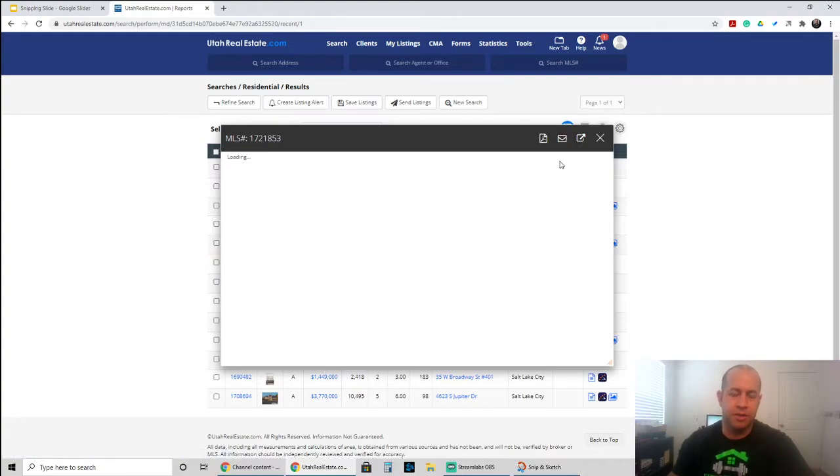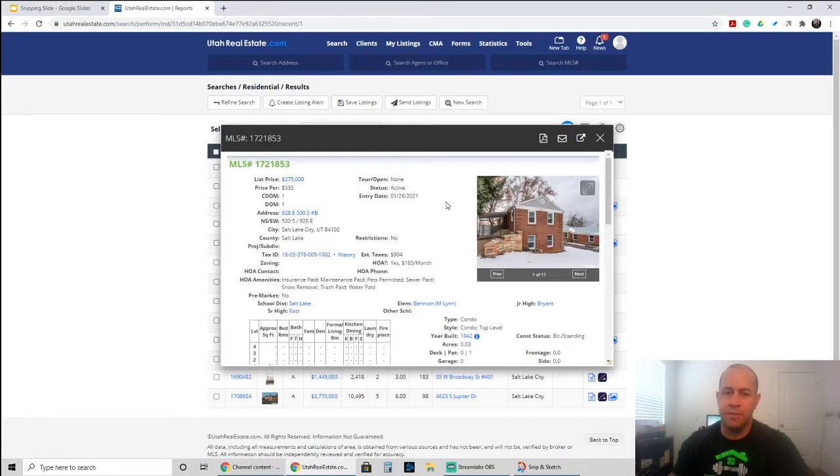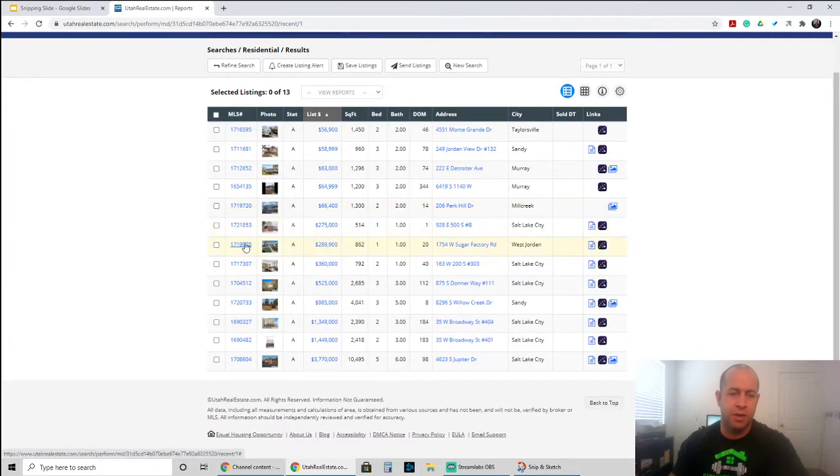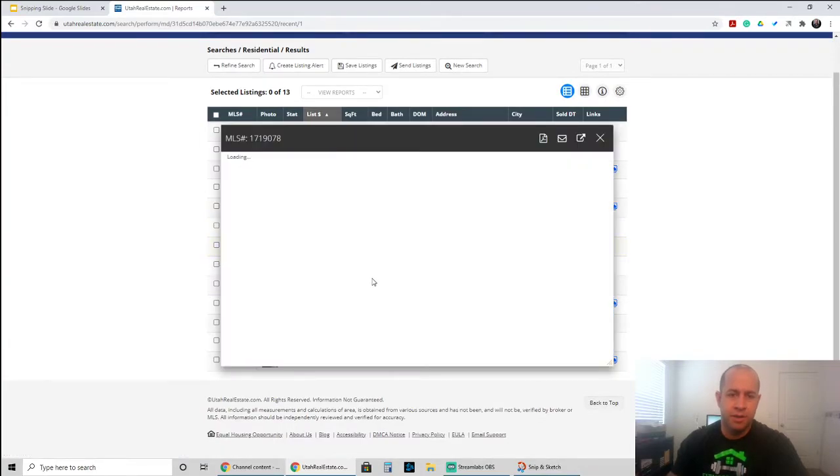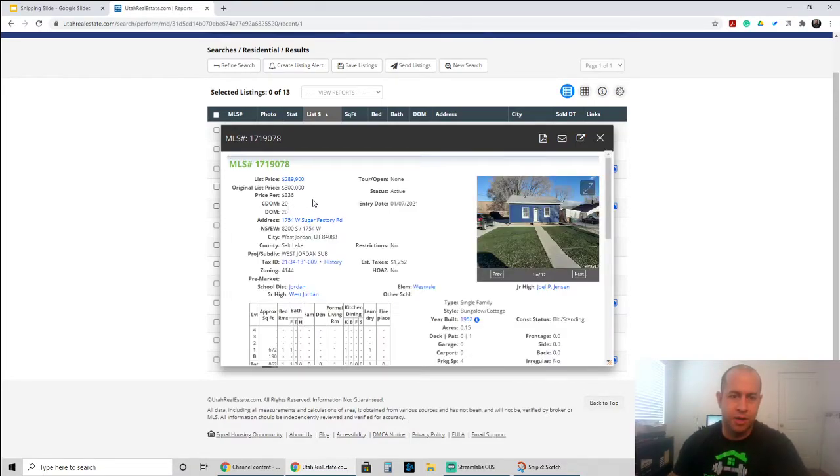Let's just take a look at this one. I think I saw this one last night. It came into my email because I get a listing alert or a hot sheet for seller financing for a client of mine. Sugar Factory Road, that's out kind of by where I grew up. So let's take a look at this one. It's been on the market 20 days. They've dropped their price.